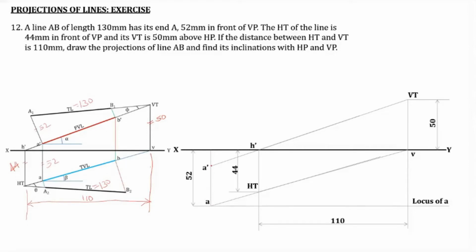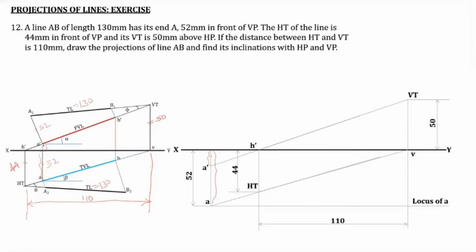And this small distance corresponds to this distance. These two distances are similar. And this larger distance is similar to this distance, this 52 millimeter. This small distance is equal to this small distance.